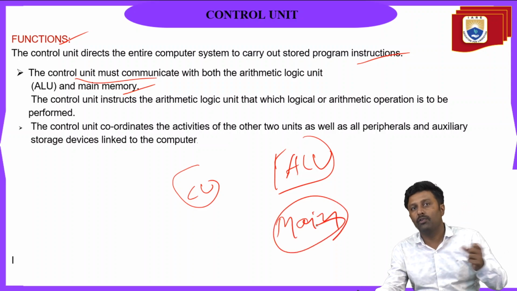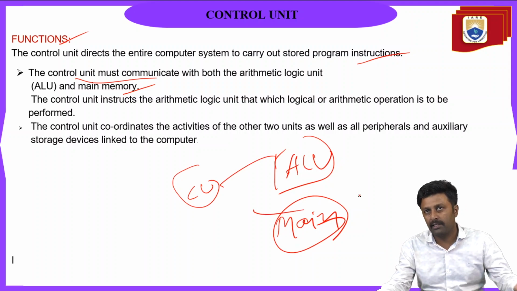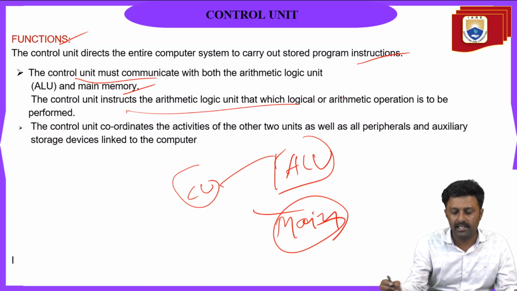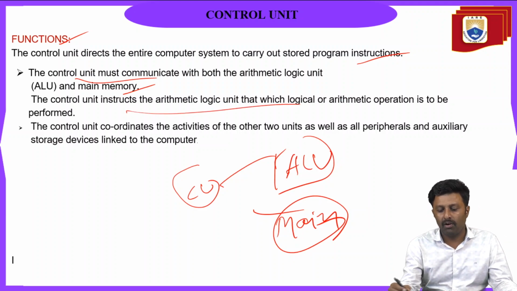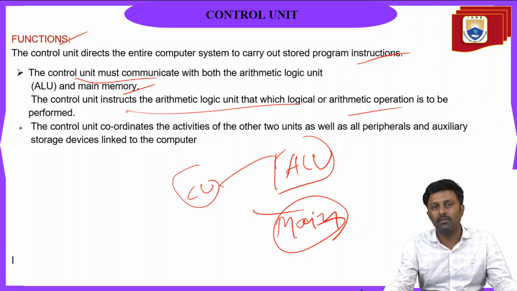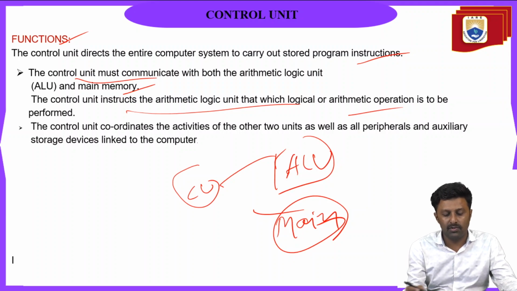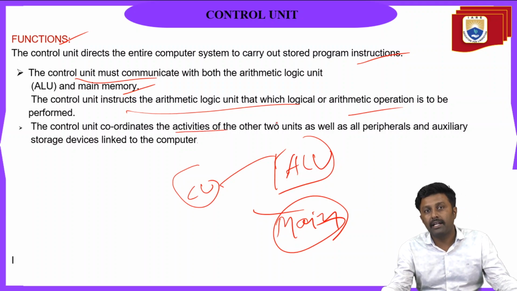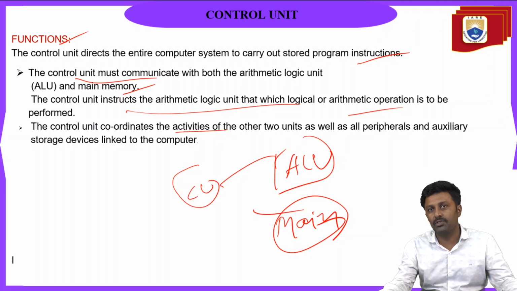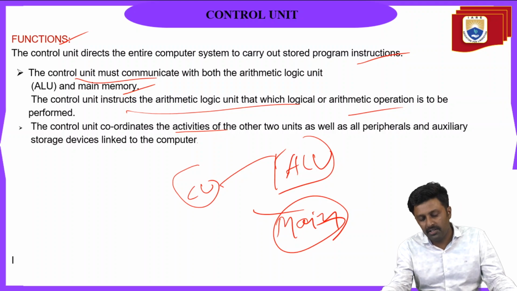The control unit communicates with the ALU, which is responsible for performing arithmetic and logical operations, and with the main memory. The control unit instructs the arithmetic logic unit which arithmetic or logical operations are to be performed. Apart from this, the control unit coordinates the activities of the two units as well as all peripherals and auxiliary storage devices linked to the computer.